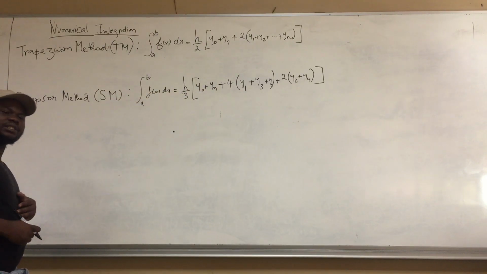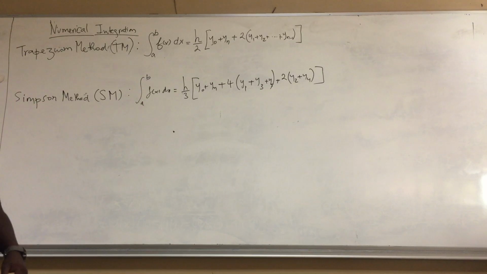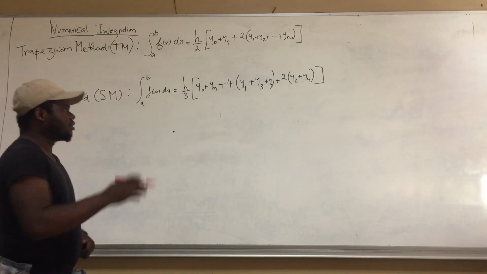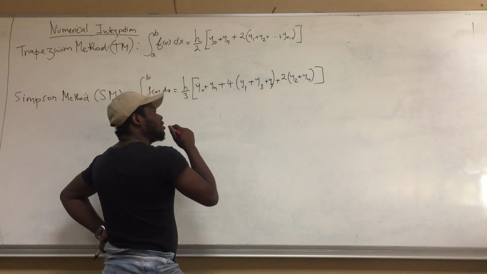This is how it's written in the book, but I would like you to write it in a way you can understand, because they do not provide this formula in your test.